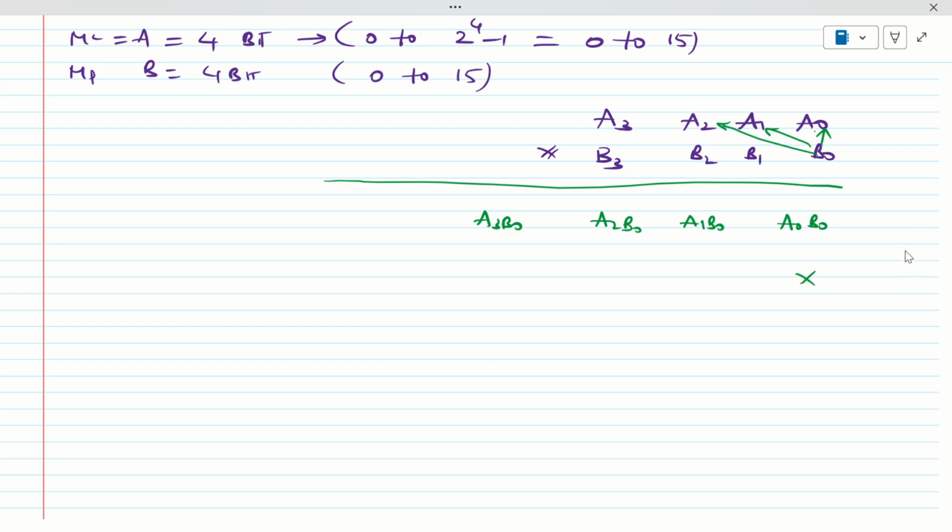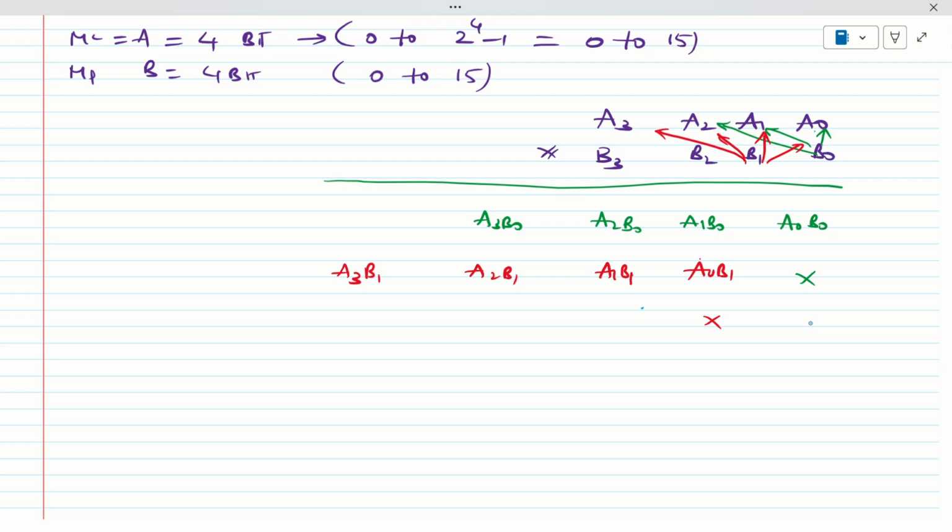Similarly, the next terms are B1 into A0, B1 into A1, B1 into A2, B1 into A3, right? So A0 into B1, A1 into B1, A2 into B1, A3 into B1. Similarly, you will get the next terms.